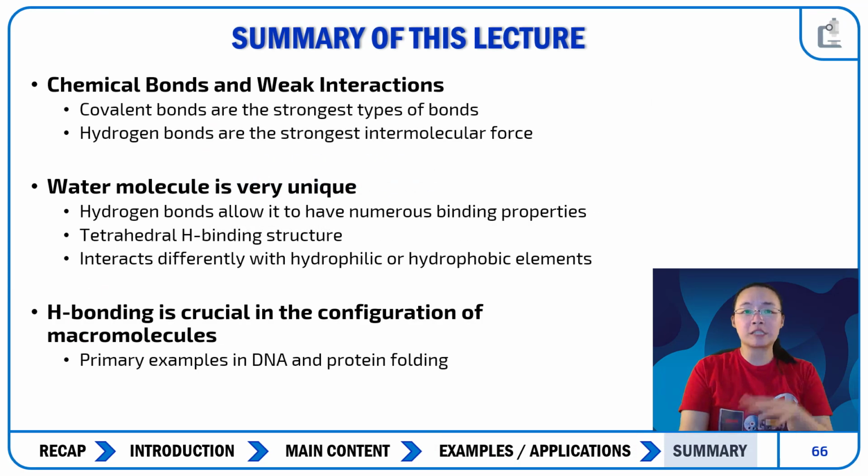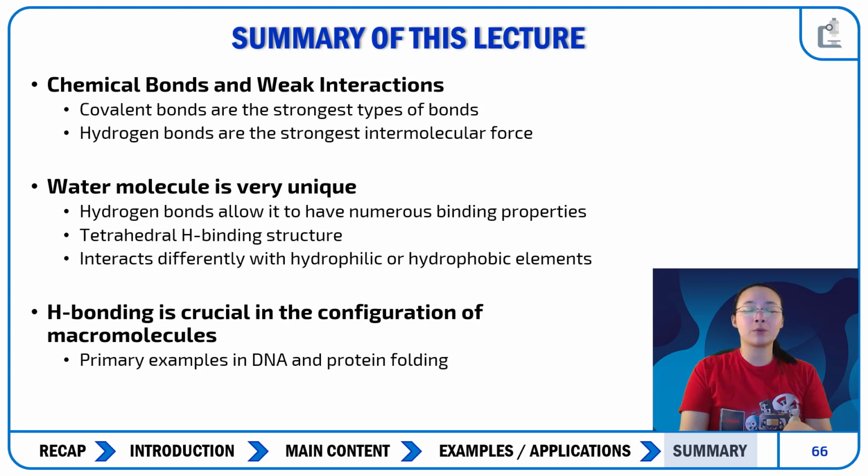So as a summary for this entire chapter, what kind of important things have we learned? First, we learned that chemical bonds and weak interactions are present in everything that we look at. We know covalent bonds are the strongest type of bonds, and then hydrogen bonds come next, and they're the strongest intermolecular force.